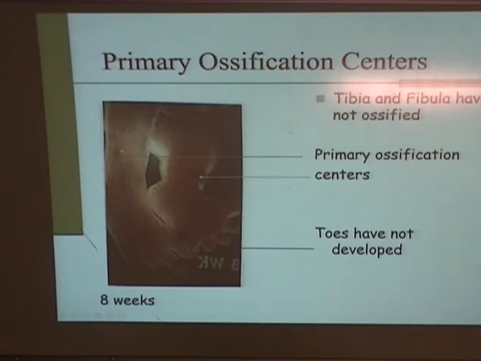And we have what we call the primary ossification centers. So if you look carefully, you can see some dark shadows around the middle of where the bone would be. That primary ossification center is responsible for laying down the minerals that are going to turn the cartilage into solid bone, okay?